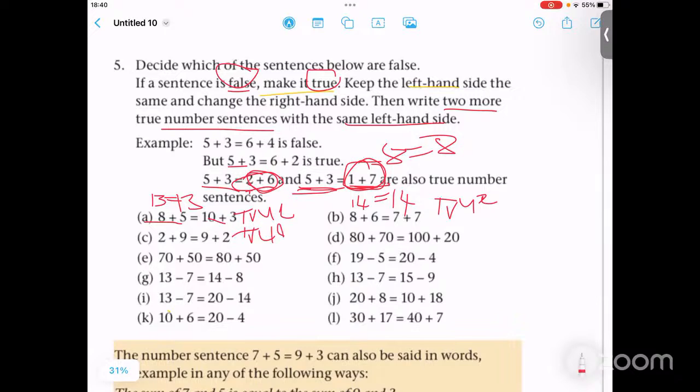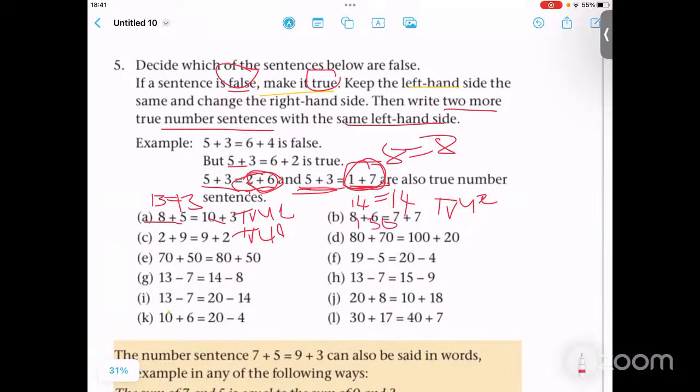Now, let's go to our D. D says 80 plus 70 is equal to 100 plus 20. What do you get when you add 70 with 80? 150.